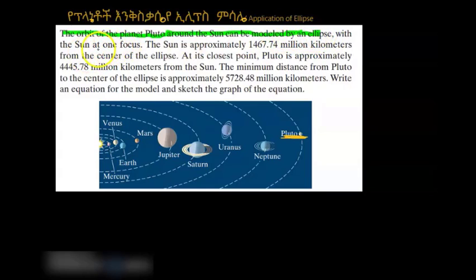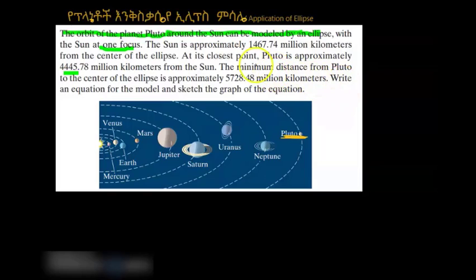The orbit of the planet Pluto around the sun can be modeled by an ellipse, with the sun at one of the foci. The sun is approximately 1467.47 million kilometers from the center of the ellipse. At its closest point, Pluto is approximately 4445.78 million kilometers from the sun.